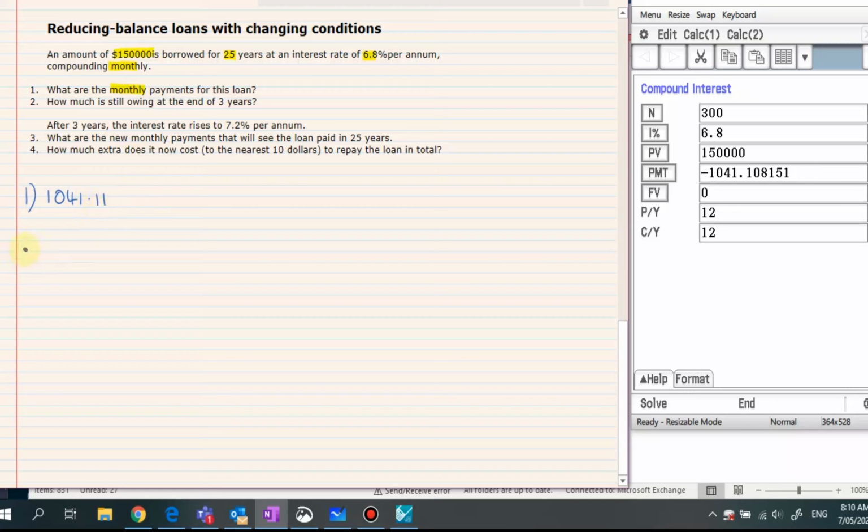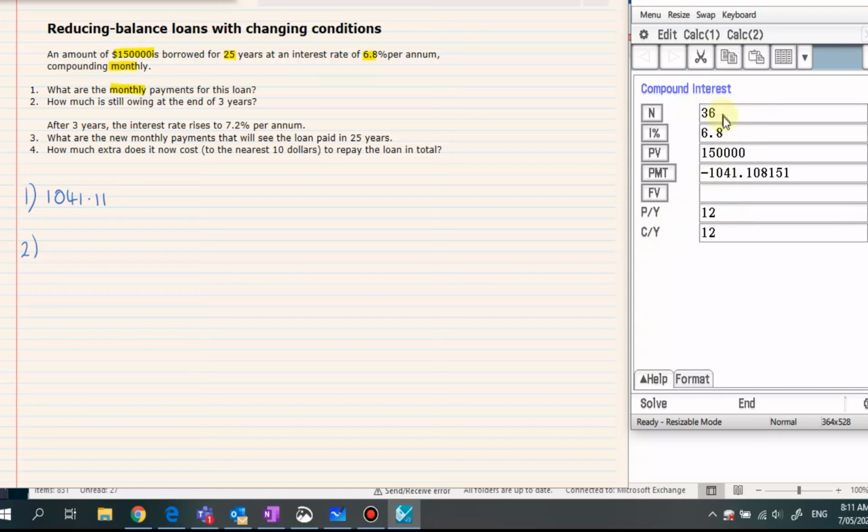Part two. How much is still owing at the end of 3 years? Okay, so now we've worked out the payments. What we are interested in is the future value. So we want to get rid of that there. And we want to say, okay, the number of periods that we're interested in is 3 years or 36 periods. And we want to solve for the future value.